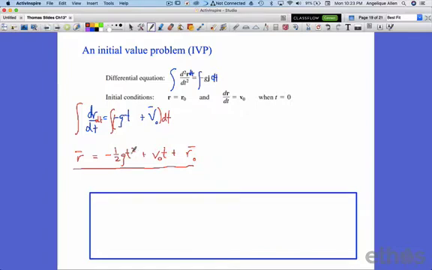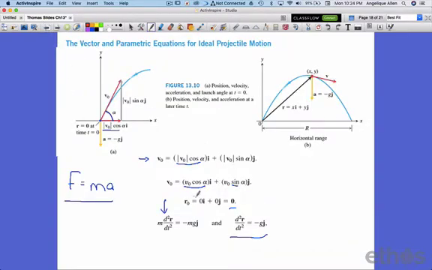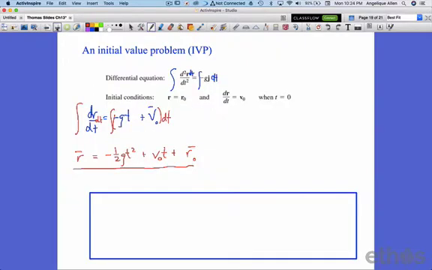Now, if we go in and substitute from here, this is v naught, and we're going to substitute those values in for v naught here. Also our initial value r naught was the zero vector.